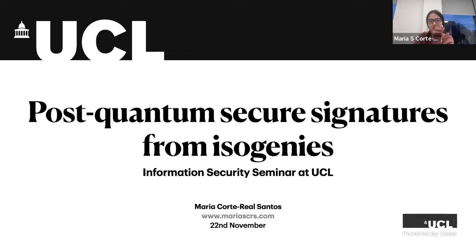Maria has been working with me, Sarah Michael-John and many other people on various problems in the space of post-quantum cryptography, in particular isogeny-based cryptography. Today we'll hear about how to build secure signature schemes from isogenies. So take it away.